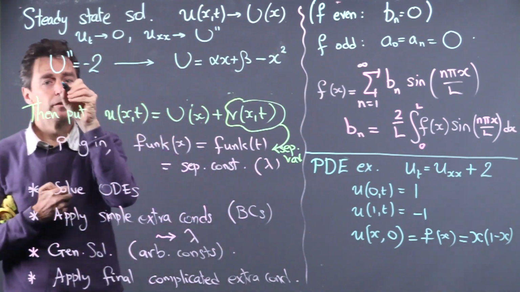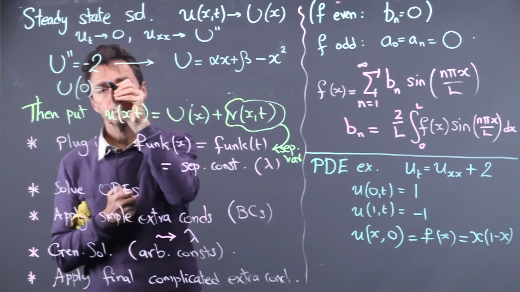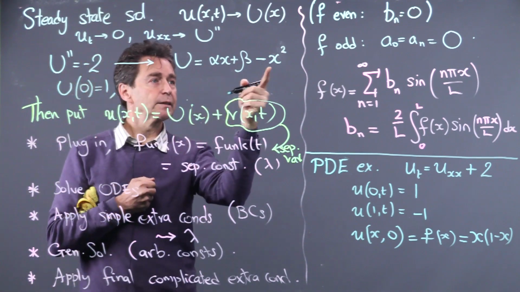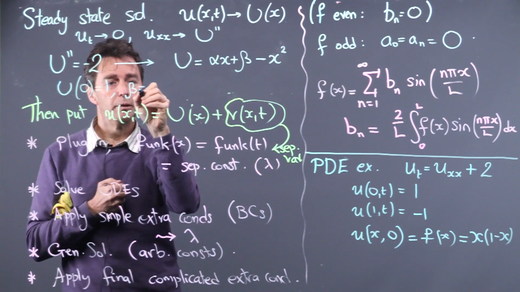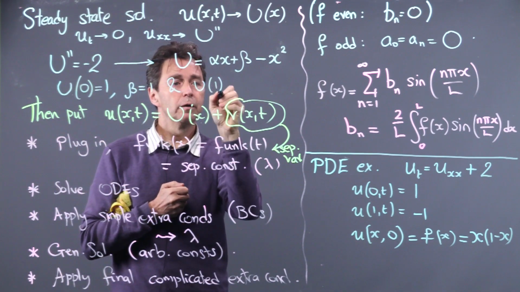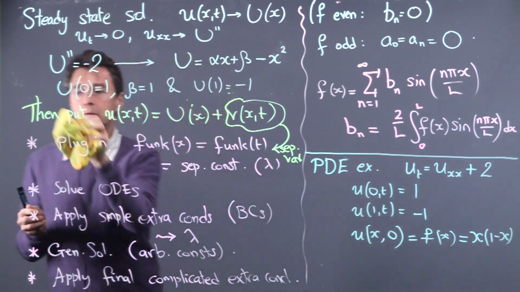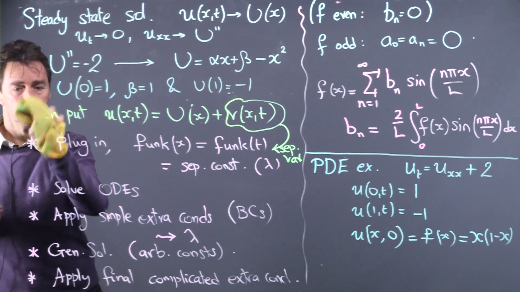So I have to have that U of 0 is equal to 1. So if I put x is equal to 0, I find immediately that beta is 1. And I've got that U of 1 is equal to minus 1. I'm going to need a bit more space here.